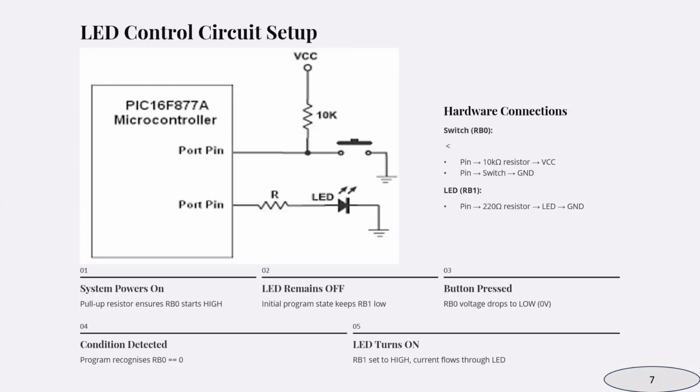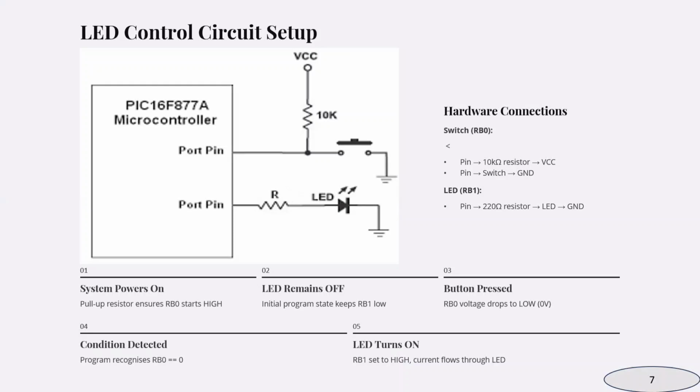And the LED is connected to port B itself, but RB1. So the switch is connected to RB0 and the LED is connected to RB1. Here, a single port is used as both input and output. That is, RB0 is used as input, and RB1 is used as output.